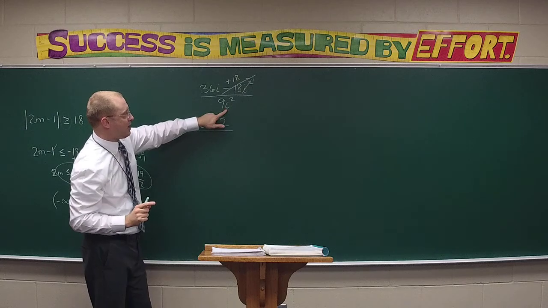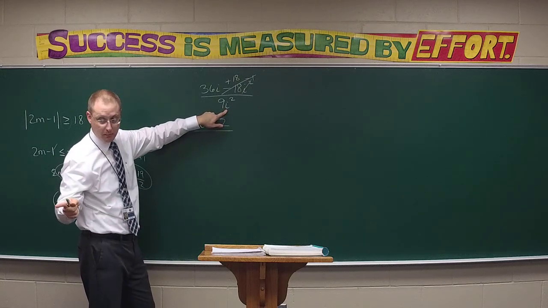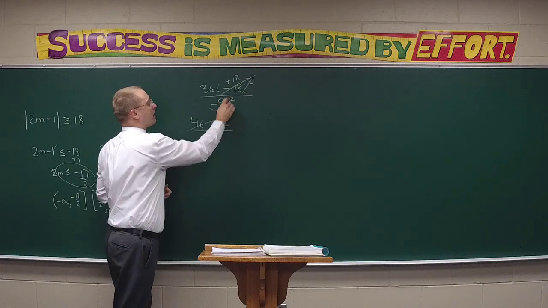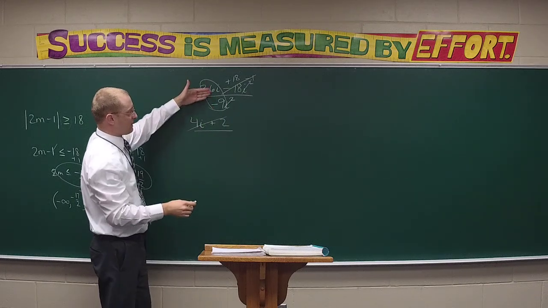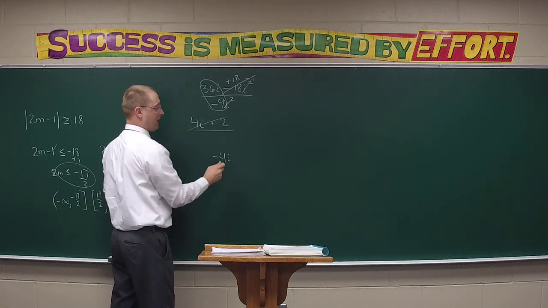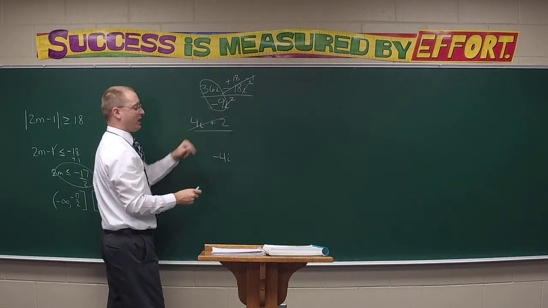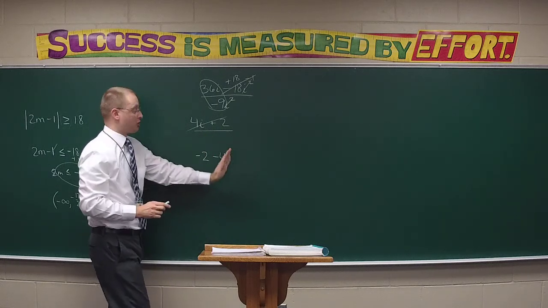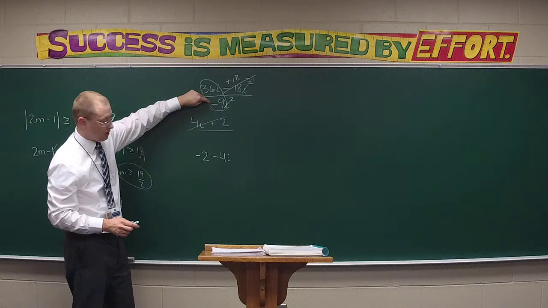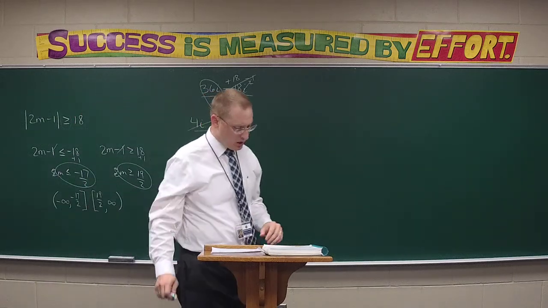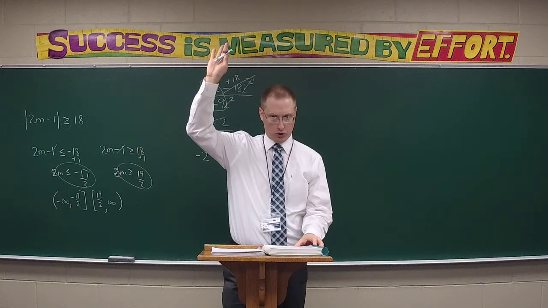Now then, here i squared also becomes negative 1, which makes this a negative 1. Careful then. So when I divide a 36i by negative 9, negative 4i, and when I divide an 18 by a negative 9, negative 2. And we want to put that first, real, then imaginary. So negatives because of the negative here, and then also put the real before the imaginary. Does that make sense?